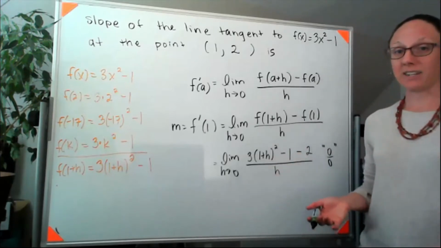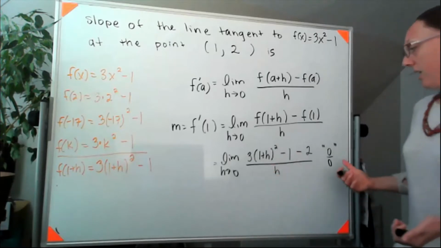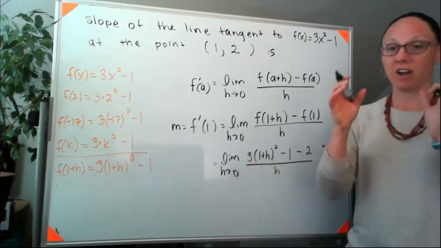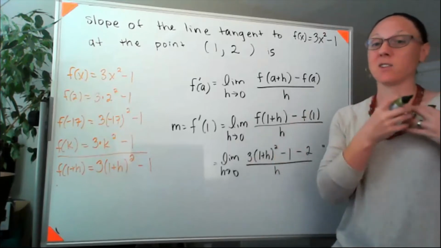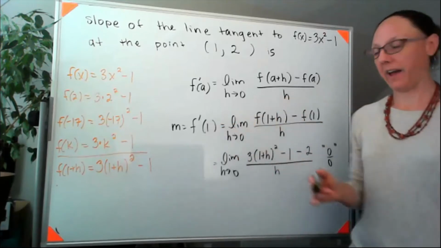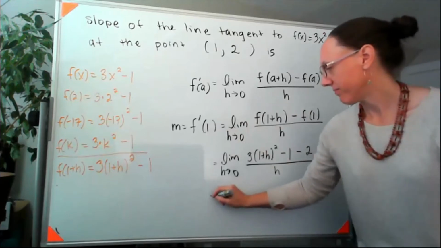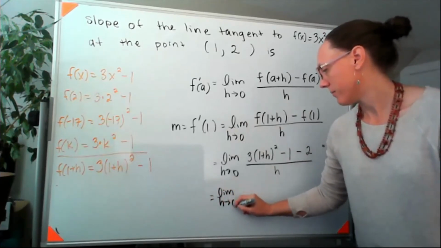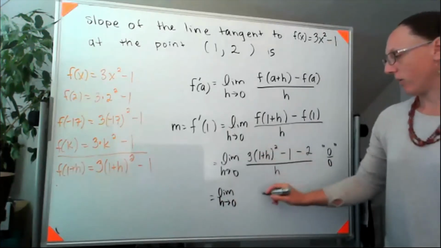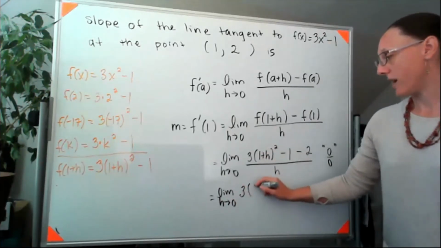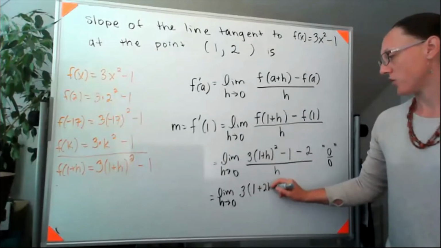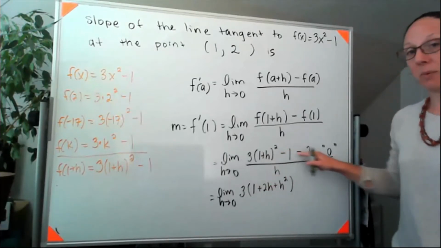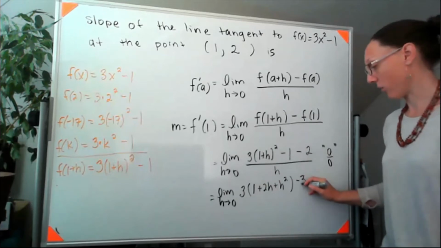So the algebra that I need to do, well, I have some kind of polynomial thing. I've got a thing in parentheses here. So let's multiply it out and hope that nice things happen. If I FOIL that out, I'm going to end up with 3 times (1 plus 2h plus h squared), and I'm going to go ahead and combine these two to make them negative 3.